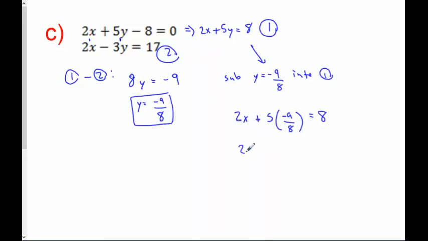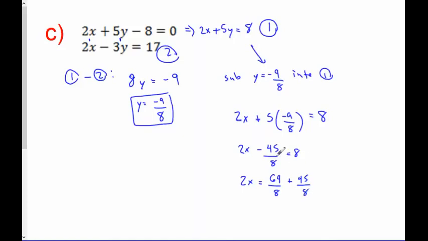So I have 2x minus 45 over 8 equals 8. I want to make a common denominator on the other side of this equation, so I'm going to multiply this. So I'll have 2x equals 64 over 8 plus 45 over 8.